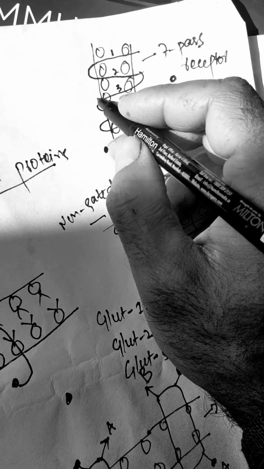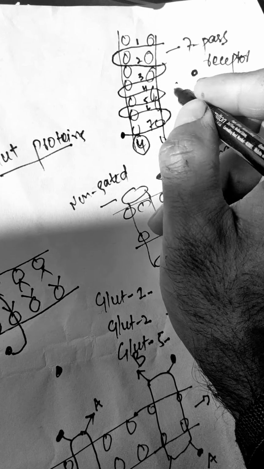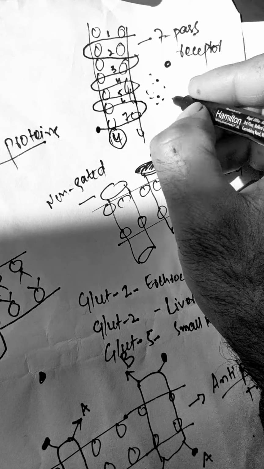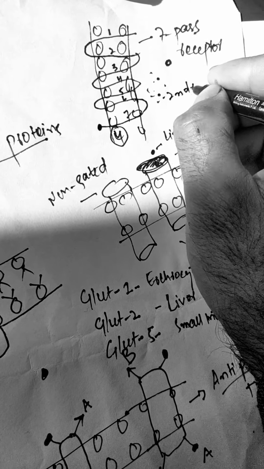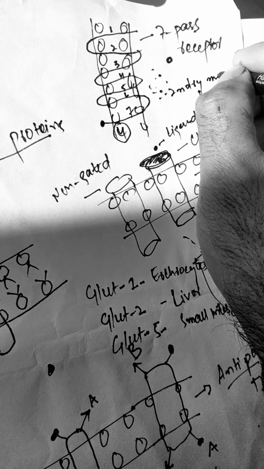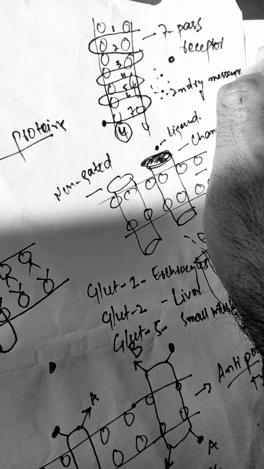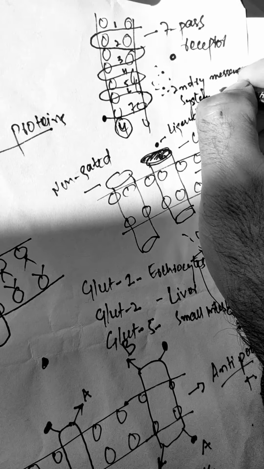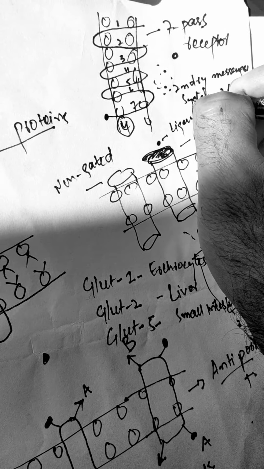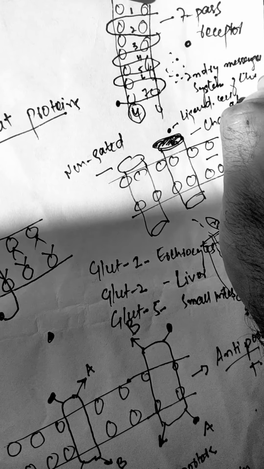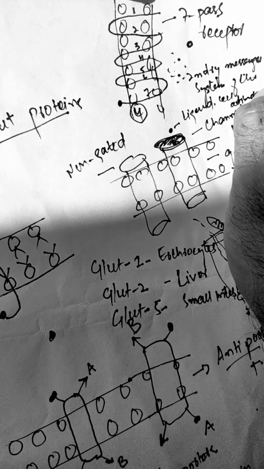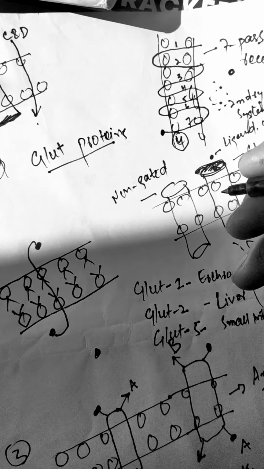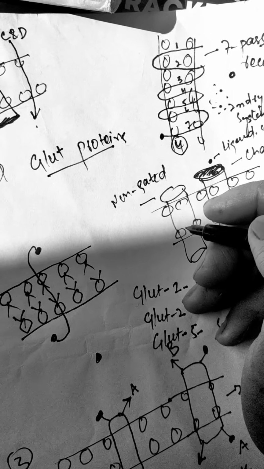The signal directly goes into the cytoplasm. When the signal goes into the cytoplasm, the secondary messenger system of the cell activates. Okay, and this is also a method of transportation.